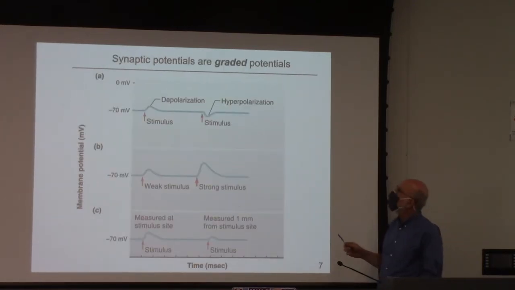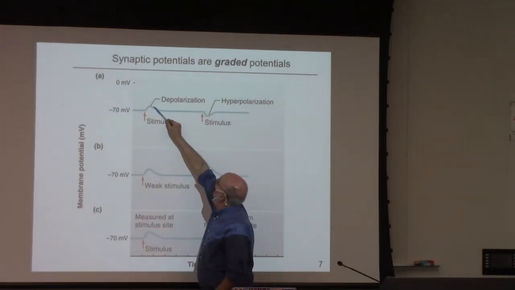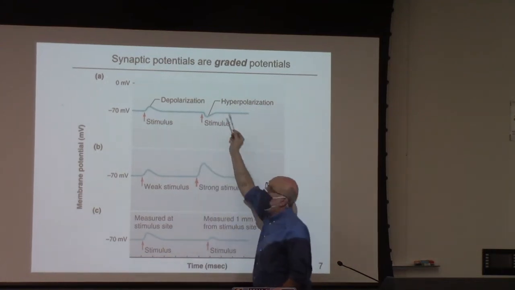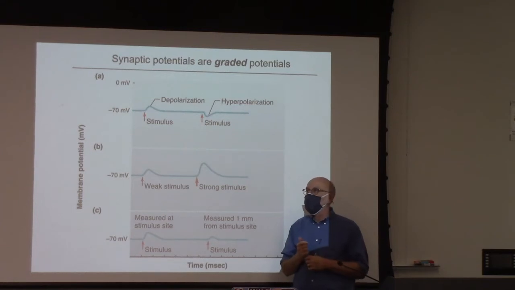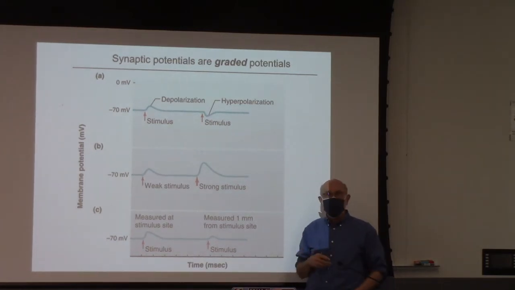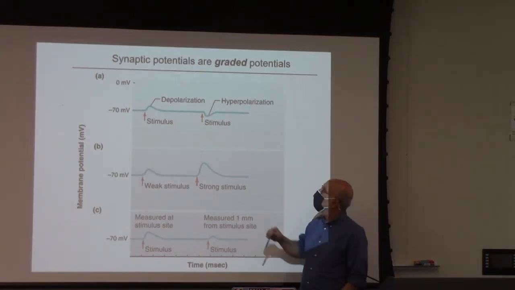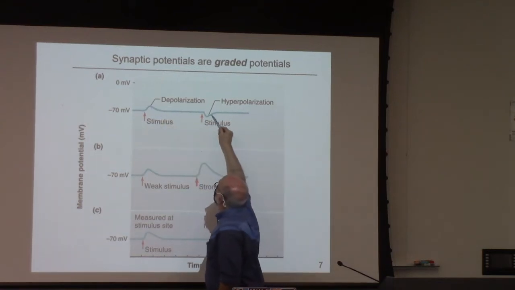So the cell is receiving stimulatory input and inhibitory input all the time. Thousands of neurons connected to a single cell, causing EPSPs and IPSPs.